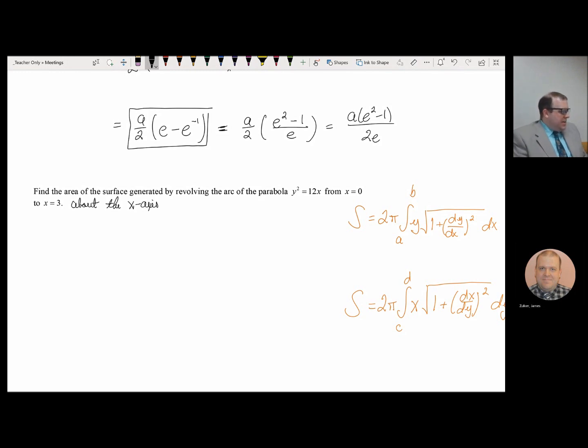Now, we actually go ahead and look at this. Y squared equals 12x.